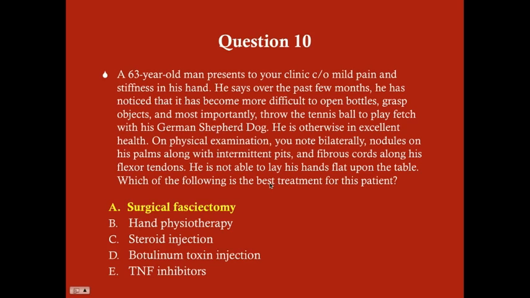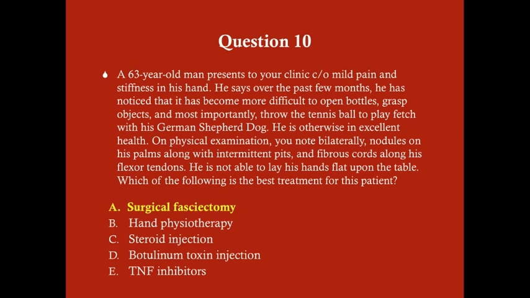Another thing that's very typical of Dupuytren's contracture is that you don't see much of these symptoms, these pits and nodules and cords, on the thumb or the pointer finger. That part tends to be spared, but the 3rd, 4th, and 5th digits are very much affected.